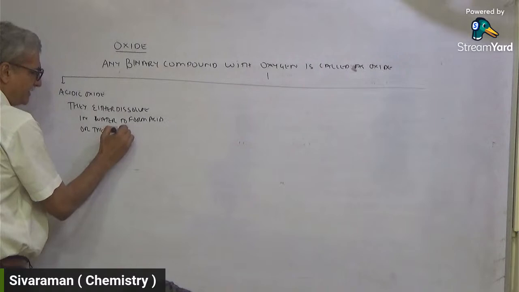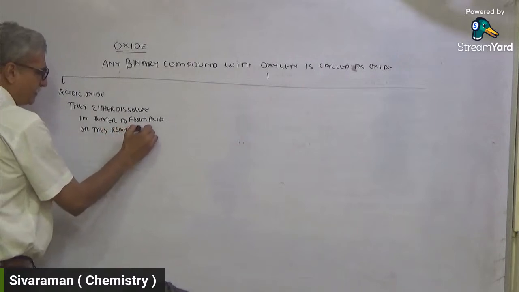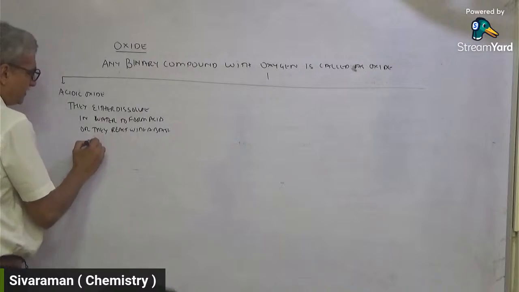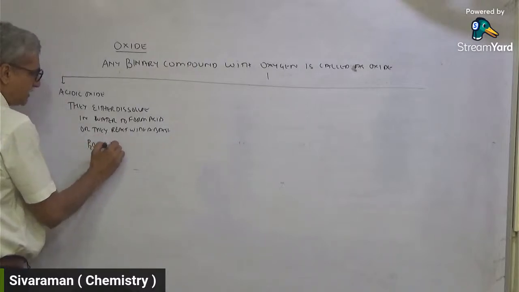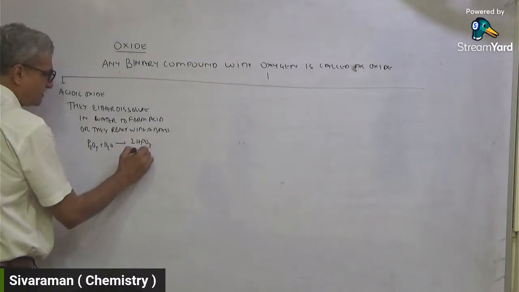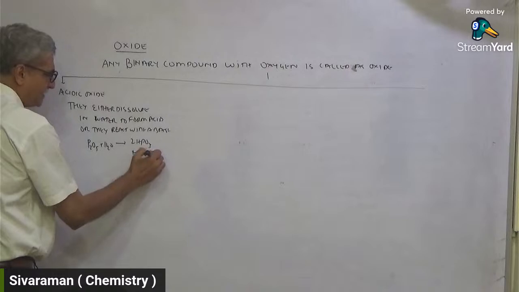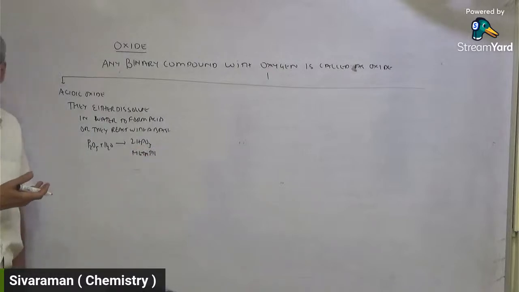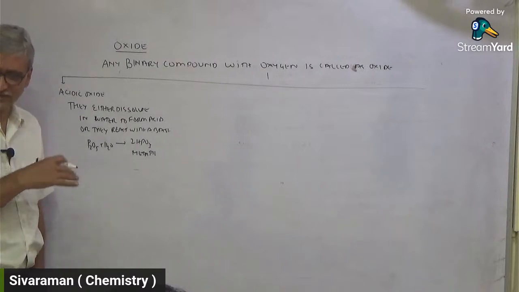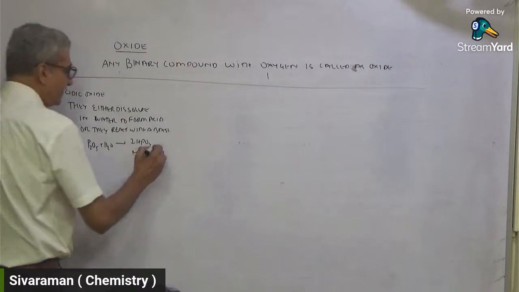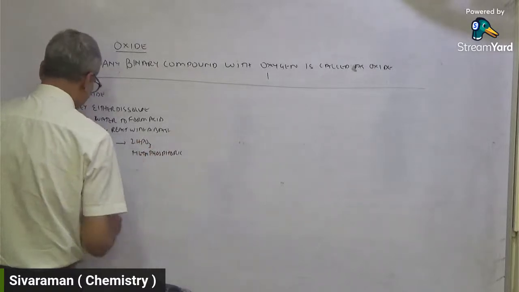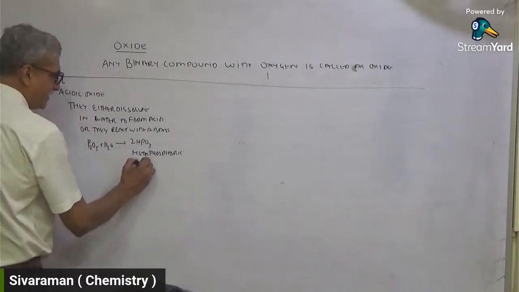For example, P2O5 plus H2O forms 2HPO3, that is metaphosphoric acid. SO2 plus water gives H2SO3. All that is known. We are still revising the P block elements. Some revision of the names.